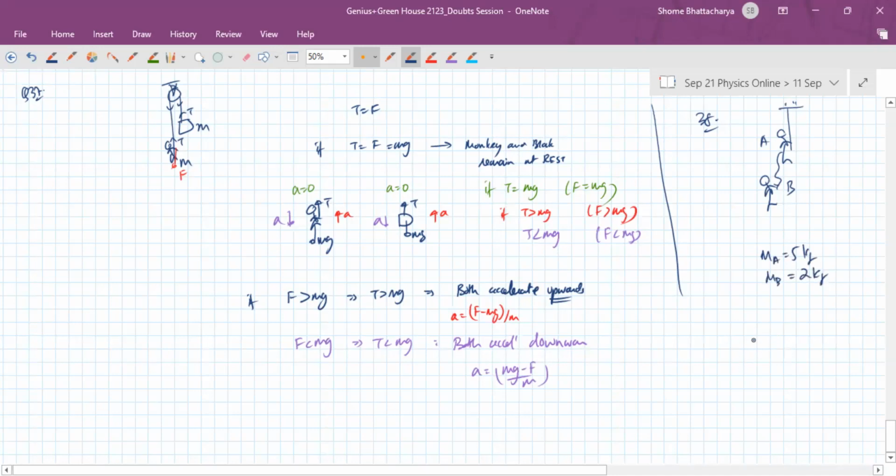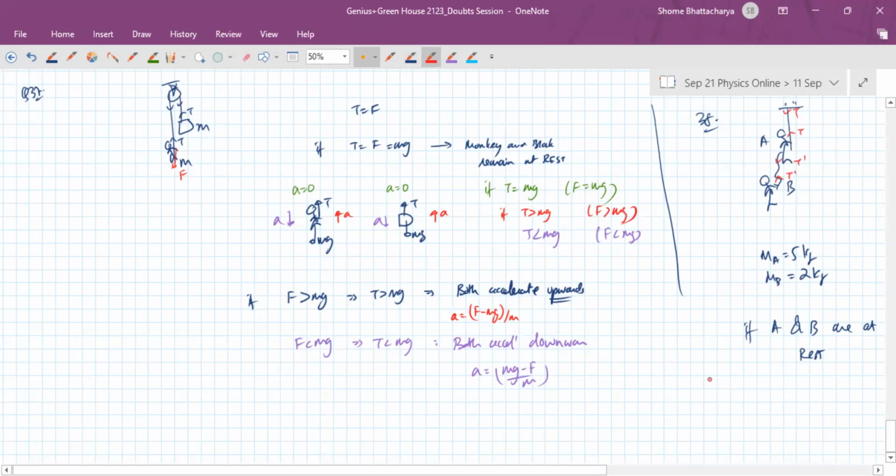For example, you can see that if A and B are at rest, then let us say the tension in the rope is T and the tension in his tail is T prime.